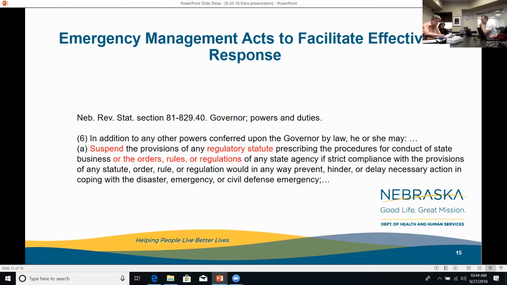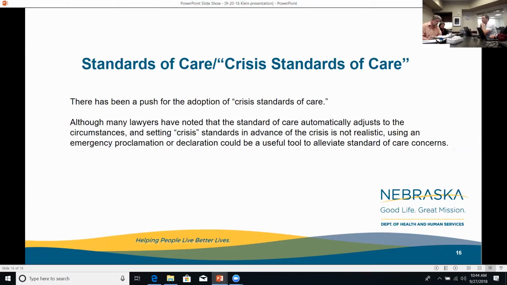So that may come into play, and that may affect to some extent a volunteer who's responding. The Institutes of Medicine got involved in response to some requests. There are a number of folks, healthcare professionals, that are concerned about standards of care and wanted folks to look into crisis or alternate standards of care in an emergency.